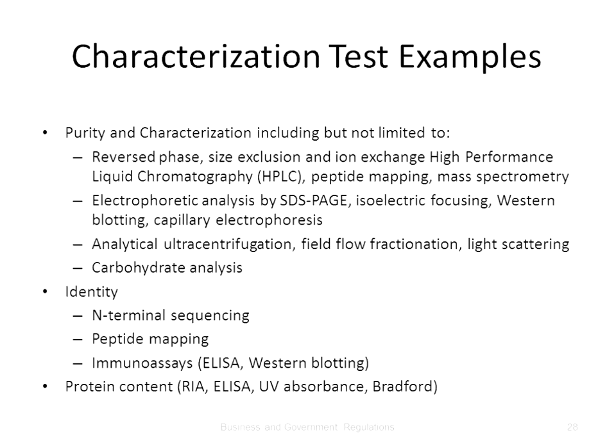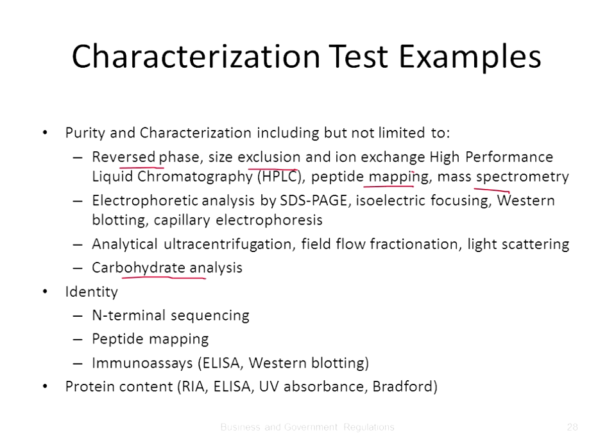So examples of characterization tests. For example, you might submit reverse phase, size exclusion, ion exchange HPLC tests, peptide mapping, mass spectrometry. You have all kinds of tests, carbohydrate analysis, lots and lots of tests. Of course, you don't have to remember all of these.